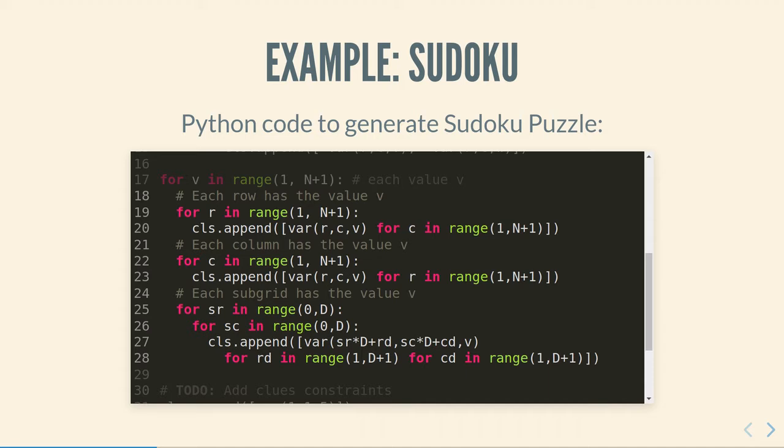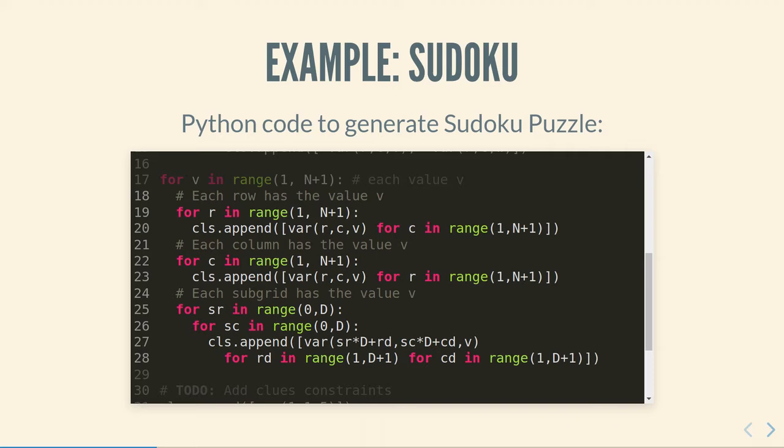One of the cells in the first row must have the value V in it. And then we have the reverse thing for the columns. So for C in range 1 to 9 inclusive, we have an iteration of the row index. So variable RCV must be true for some R of that respective column.